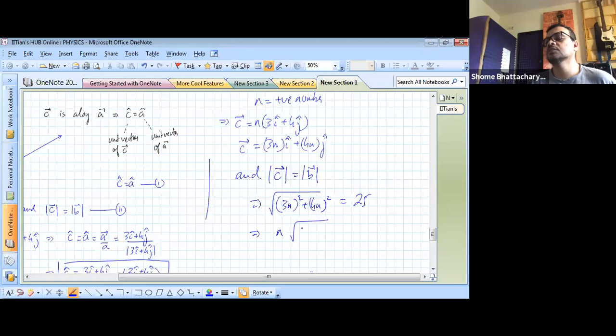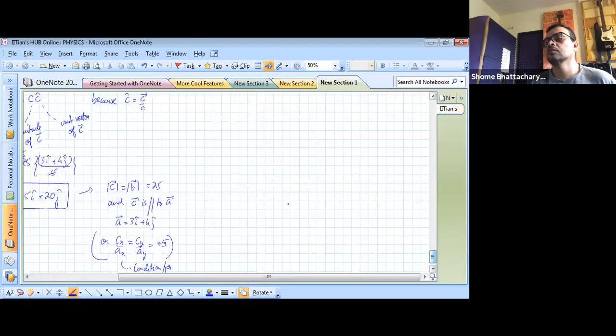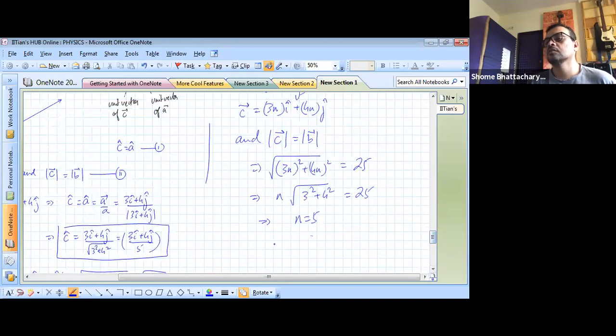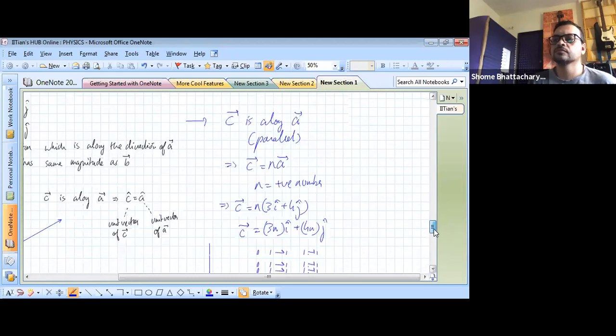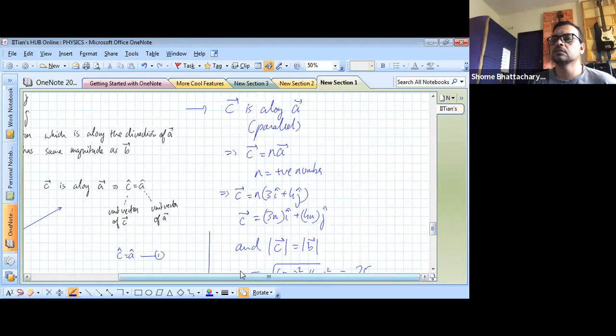That means n times 5 is 25, so n should be equal to 5. So that means C is 15i cap plus 20j cap. That's another way in which you can do the question. Both the methods are equally simple. There's nothing difficult in it, so you can also use this kind of logic.